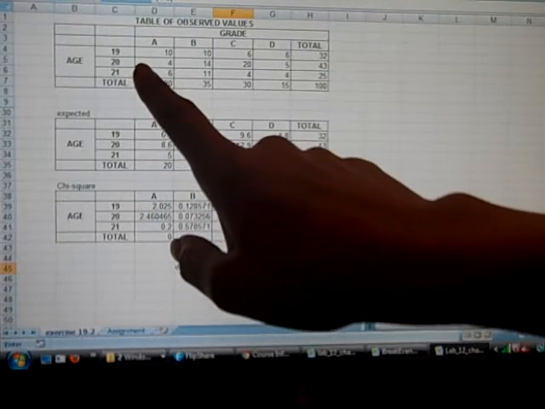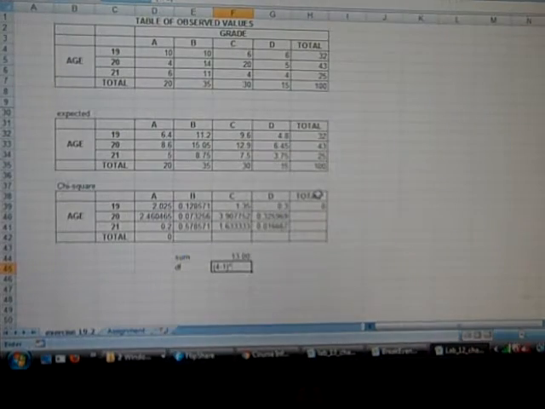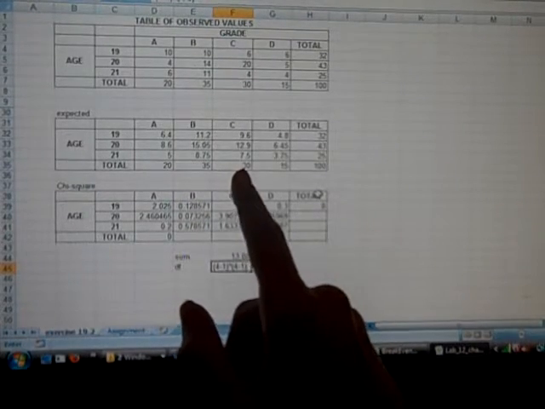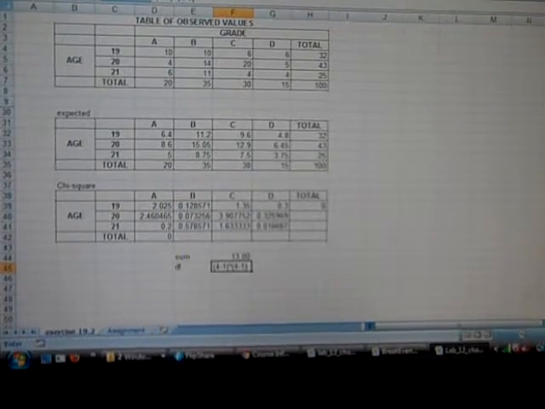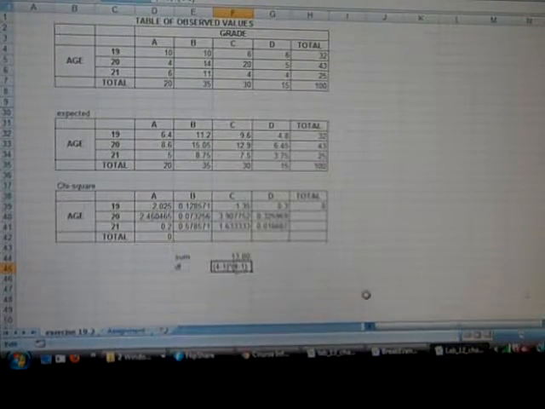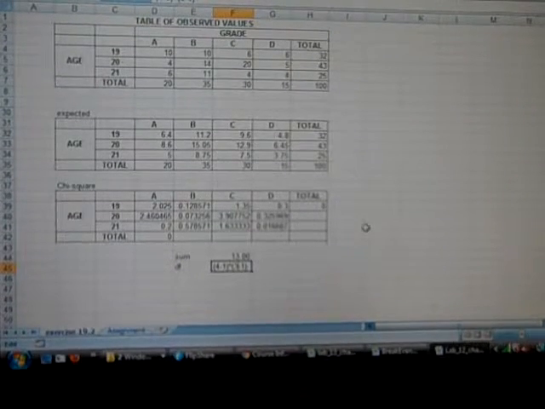So that's going to be 1, 2, 3, 4 as well. So 4 minus 1 times 4 minus 1. Sorry, I was looking at the total, so this is actually 3 minus 1. Just double checking.